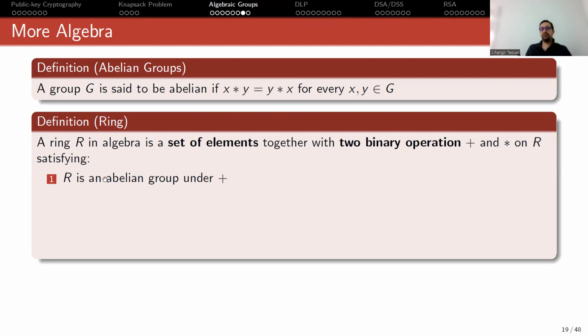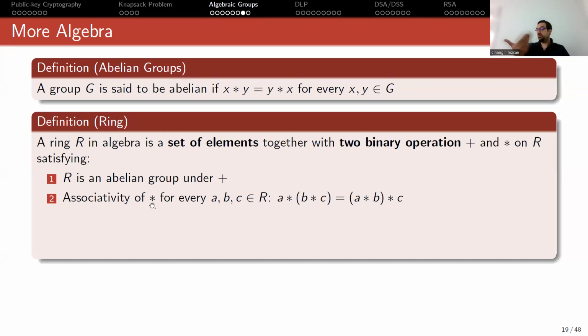So this is what we have seen so far in groups. So I want R to be a group under addition, but also it should satisfy some properties with respect to the second operation. Here I represented it with star, you can call it a multiplication, but it should satisfy associativity like this.